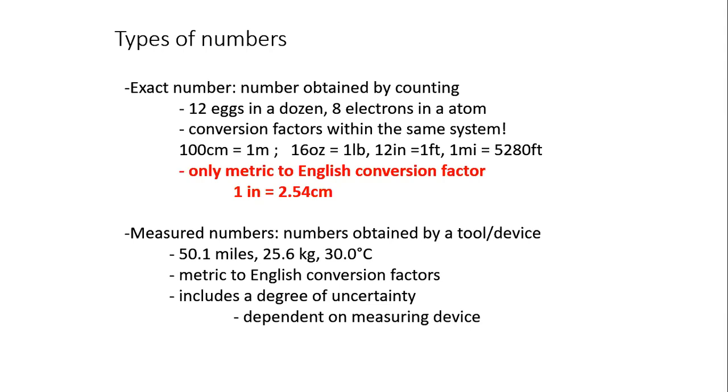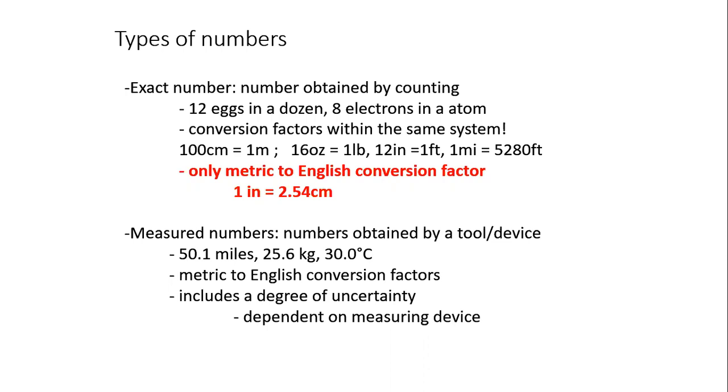Again, there's no what we call uncertainty in that number. Or if we count the number of electrons in an atom, for example, we know that there's exactly 8 electrons. So if you can obtain the number by counting, it's what we refer to as an exact number. There's no uncertainty in its value.